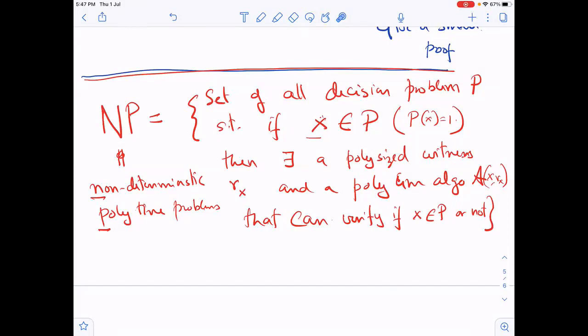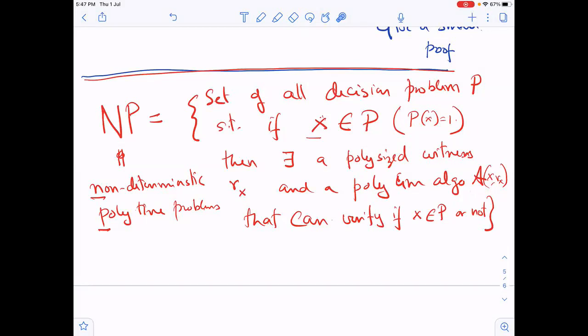NFAs are very weak algorithms. The classical way of defining this is actually using the non-deterministic Turing machine. So NFAs, finite state automata, are very weak computing tools.